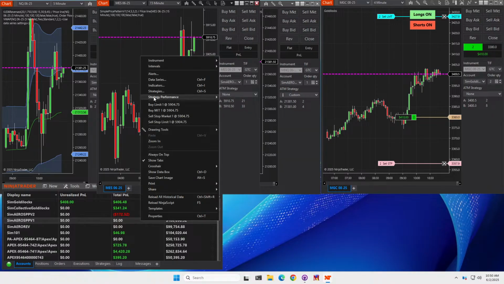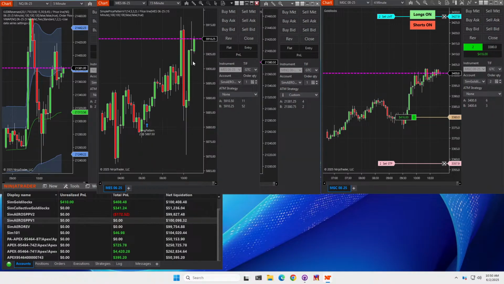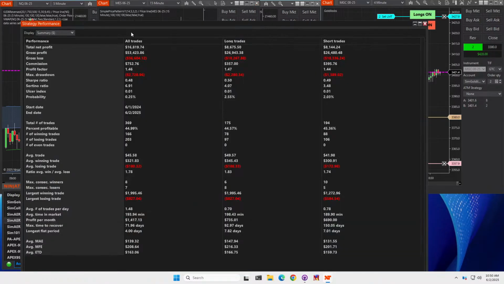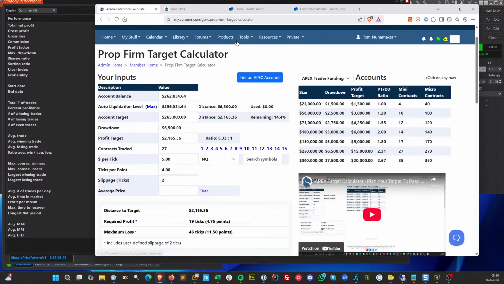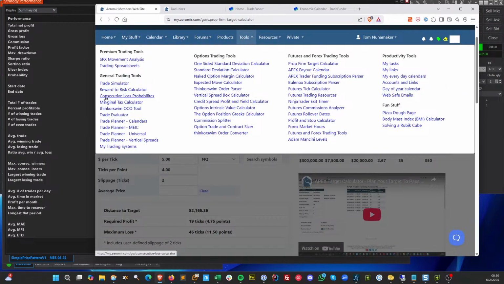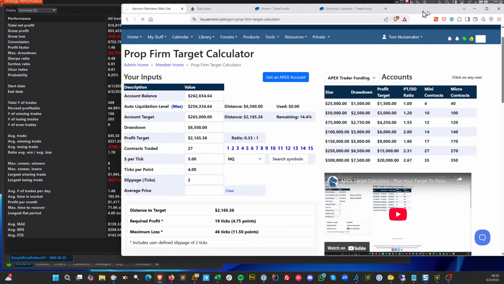So in that case, then you'd have, let's see, 16,000 of profit with a $2,700 drawdown. Nice profit factor, a little low win rate. So you could have several losses in a row. Now I do have another tool on my website I built, consecutive loss probabilities.